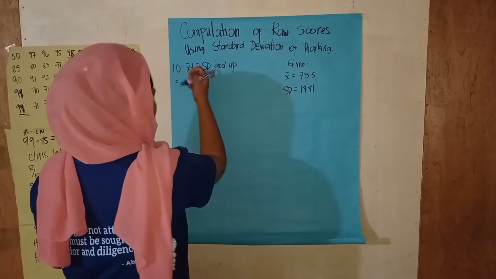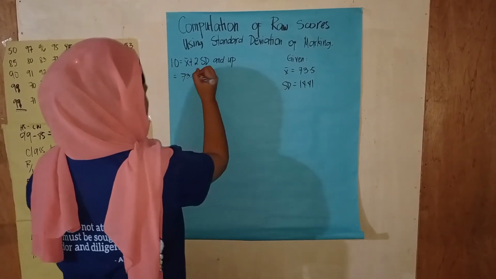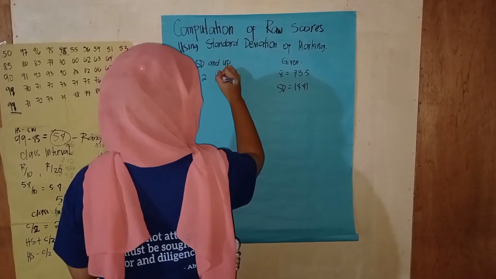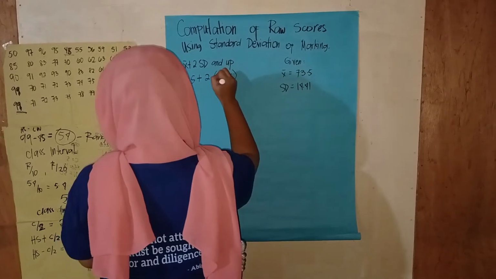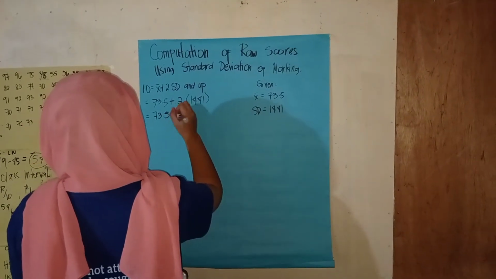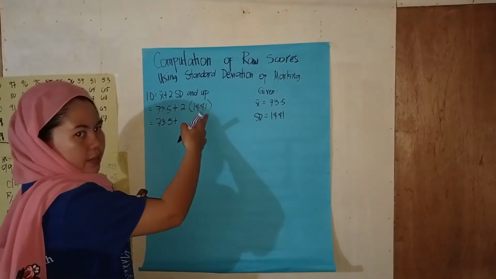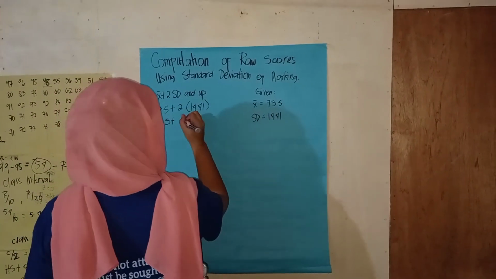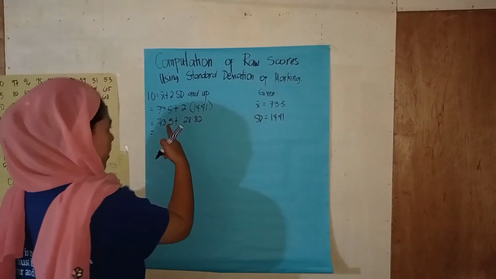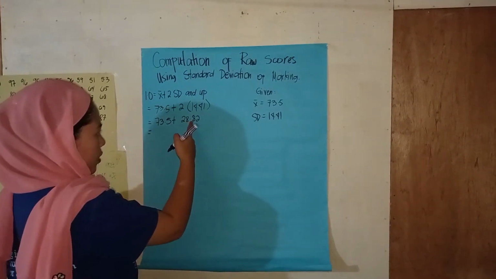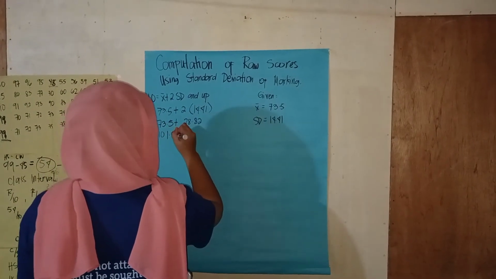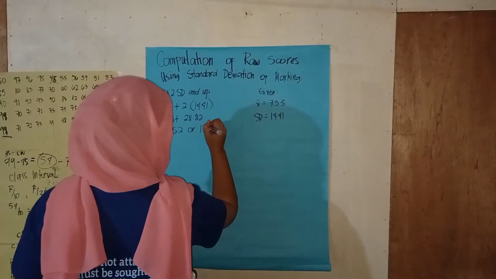So equals our mean 73.5 plus 2 times our standard deviation 14.41 equals 73.5 plus 14.41 times 2 equals 28.82, equals 73.5 plus 28.82 equals 101.52, or 102.